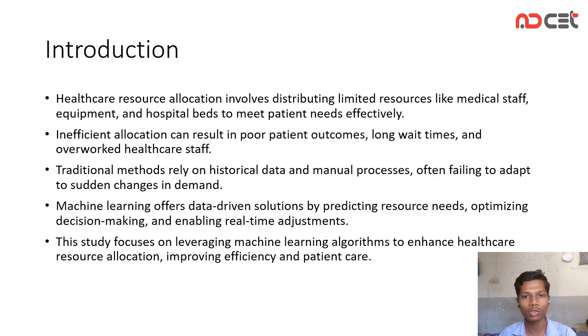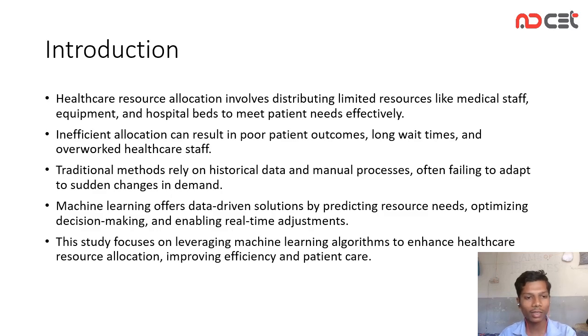Health resource allocation involves distributing limited resources like medical staff, equipment, and hospital beds to meet patients' needs effectively. Inefficient allocation results in poor patient outcomes, long wait times, and overworked healthcare staff. Traditional methods rely on historical data and manual processes, often failing to adapt to sudden changes in demand, as we saw in the COVID-19 situation.